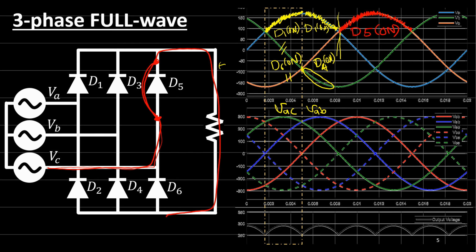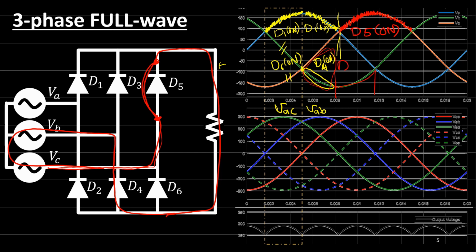Now, if you remember the previous negative voltage is conducting with diode 4, so diode 4 is on, and again here from here to here is smaller than other voltages, so it will keep going to diode 4 like this.